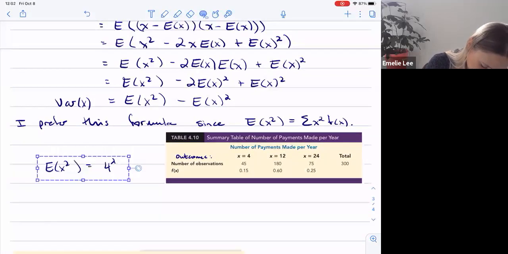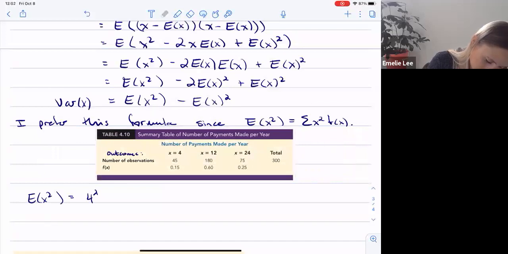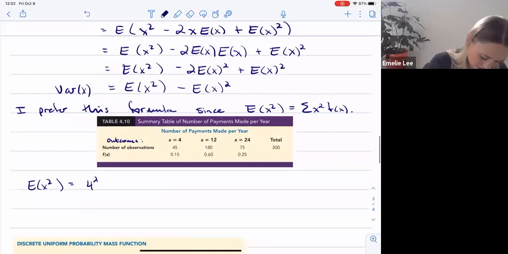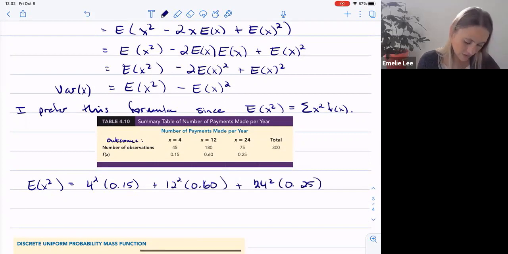So what I'm going to do here is I'm going to bump this down here. So 4 squared times 0.15 plus 12 squared times 0.6 plus 24 squared times 0.25. That's going to be the expected value of x squared. Okay.